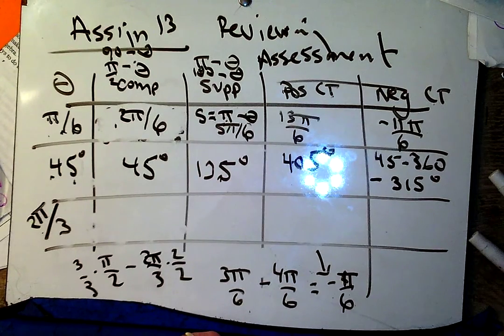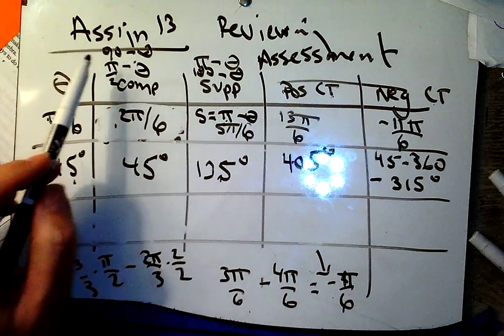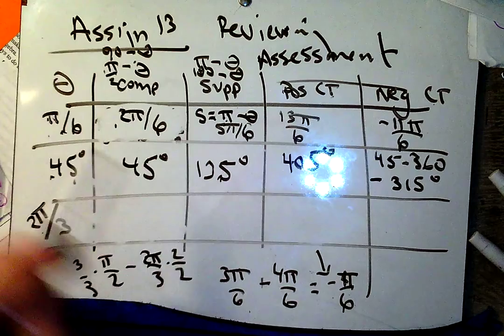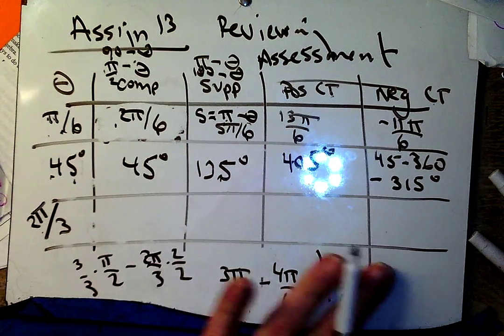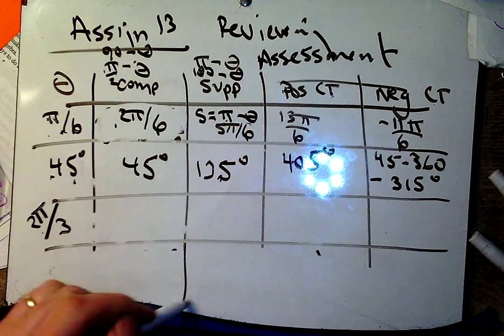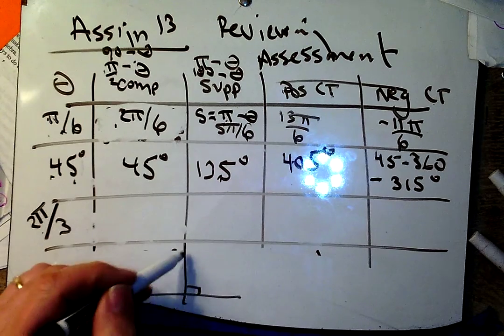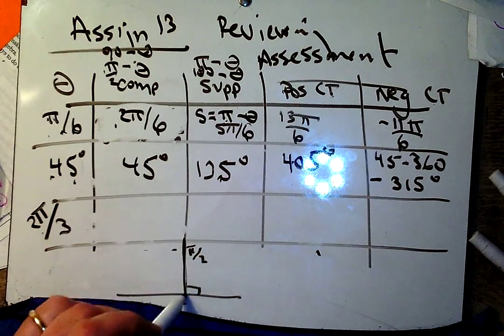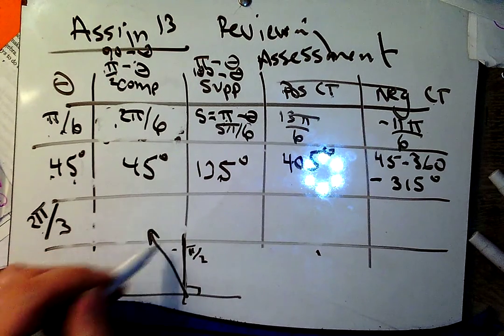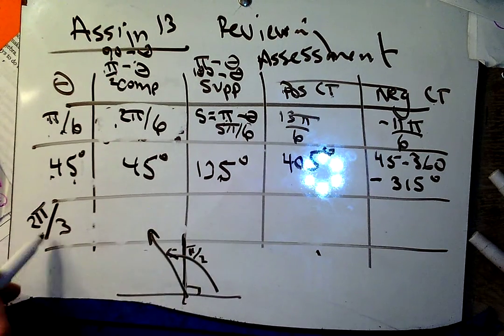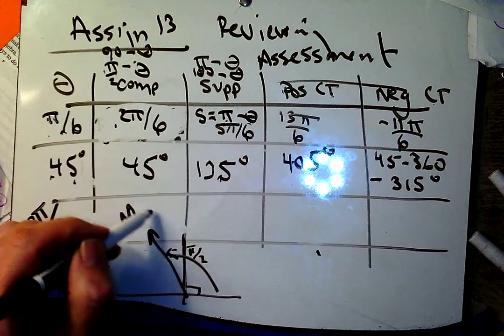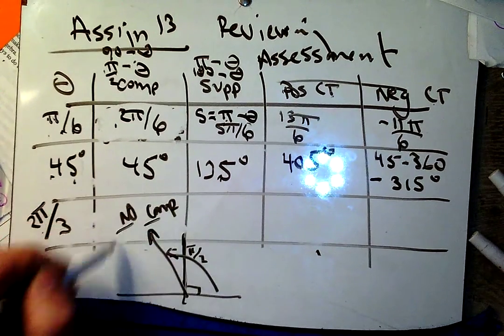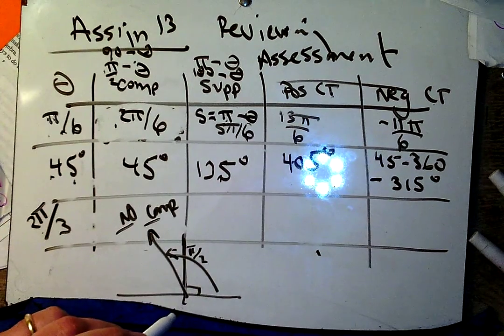Complements have to both be positive, 2 positive angles that add up to pi over 2. Well, yeah, no. And why? Well, think about it. Here's pi over 2, and I want 2 positive angles that add up to that. But 2 pi over 3 is already bigger than that, so there's no complement. No complement for 2 pi over 3.